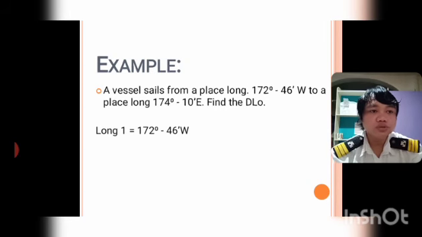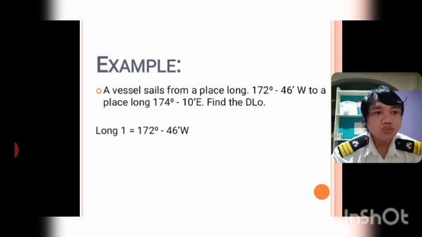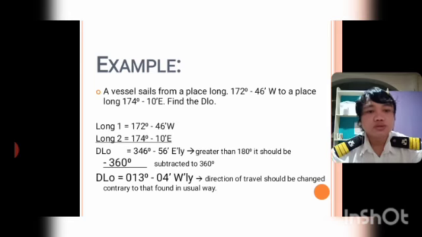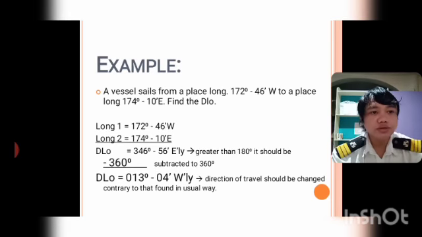We are going to add these two in order for us to obtain the difference of the longitude. So we have 346 degrees, while adding this one, 346 degrees easterly. Okay, this one is considered as the difference of the longitude as well, no?